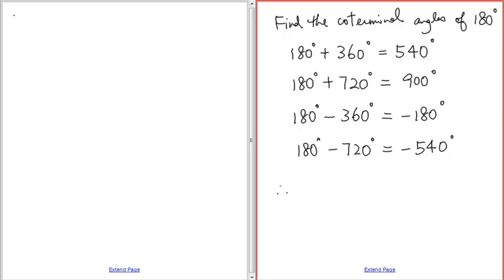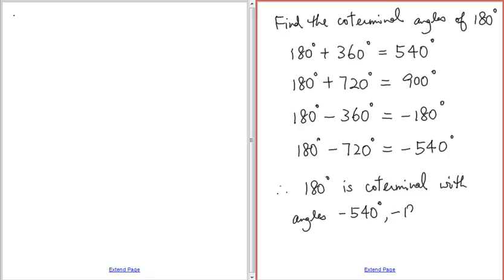So now, finally, I can summarize. I can say 180 degree is coterminal with angles negative 540 degree, negative 180 degree, 540 degree, and 900 degree.